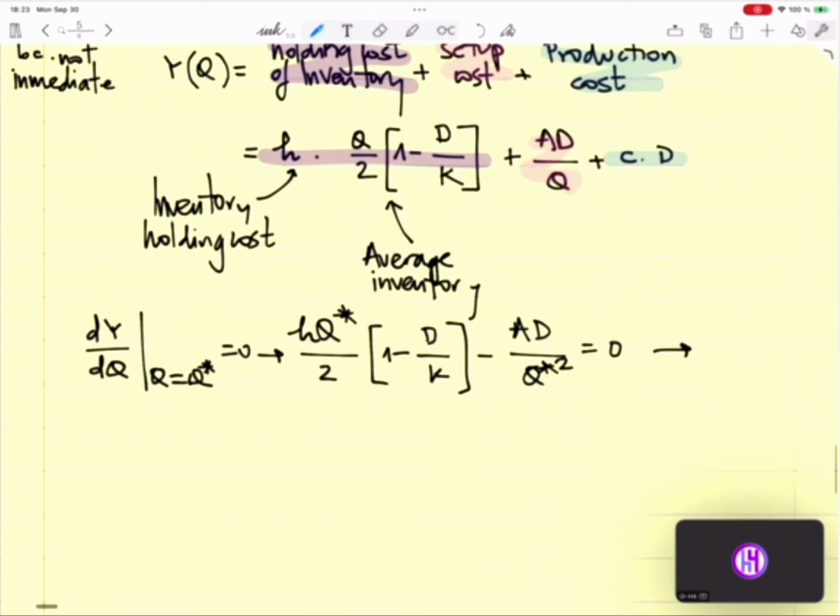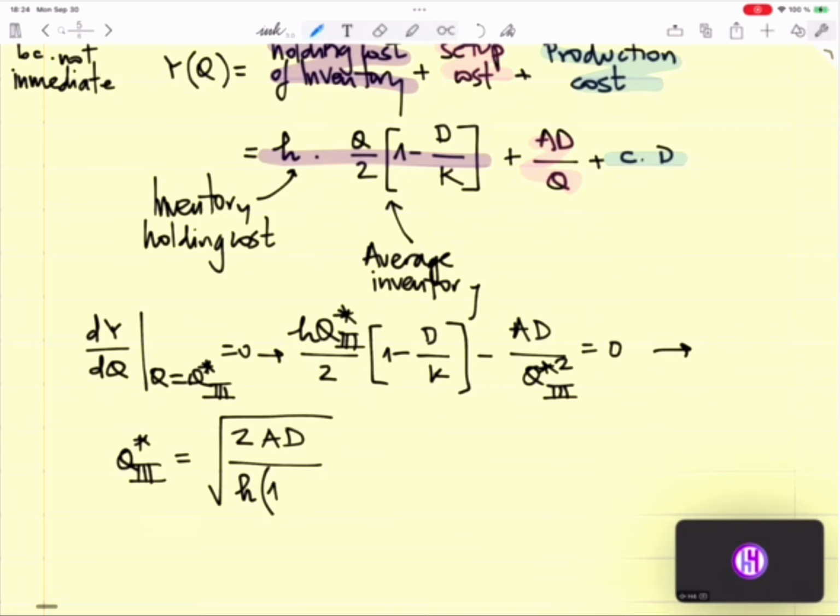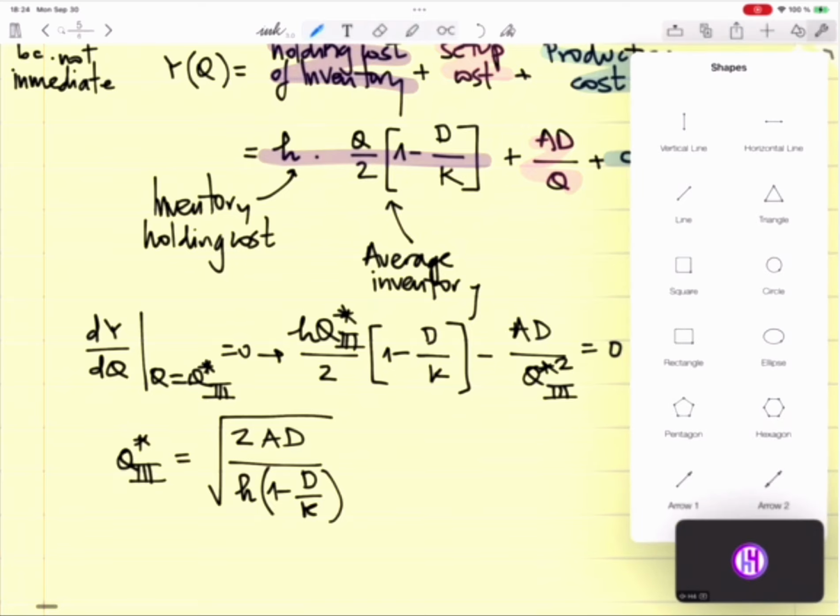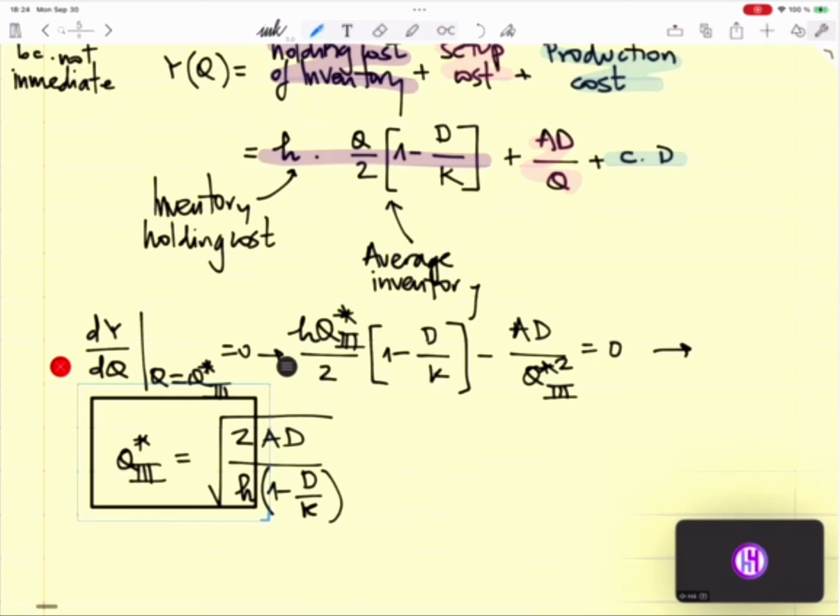And this means that, if we get Q3 star solved, we get something like 2AD divided by H times 1 minus D divided by K. Okay, and this is our solution.